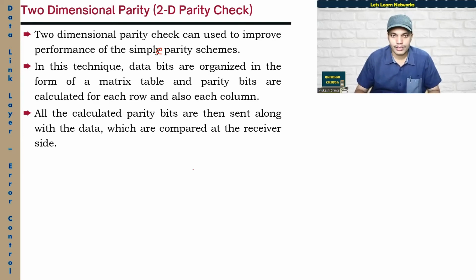Here, I arrange them in a table of rows and columns, and calculate the parity bits for each row and for each column as well. I append all of these bits together and send it to the receiver. So all the calculated parity bits are sent along with the data, and are compared at the receiver side.